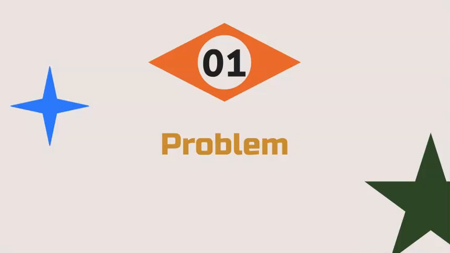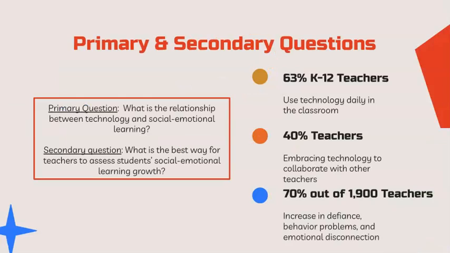First off, the problem. Let's take a look at the statistics that are on the right side of the screen. As you can see, there has been a dramatic increase in the usage of technology in the classroom. Now, along with that has also become an increase in defiance, behavior problems, and emotional disconnection amongst students.